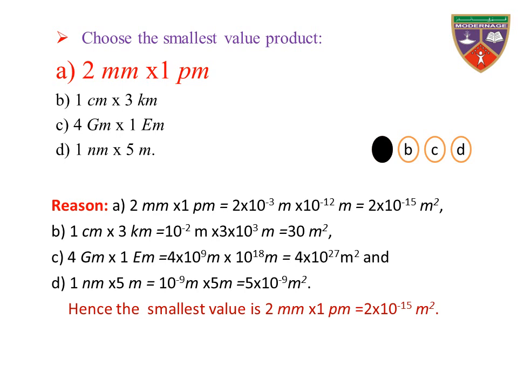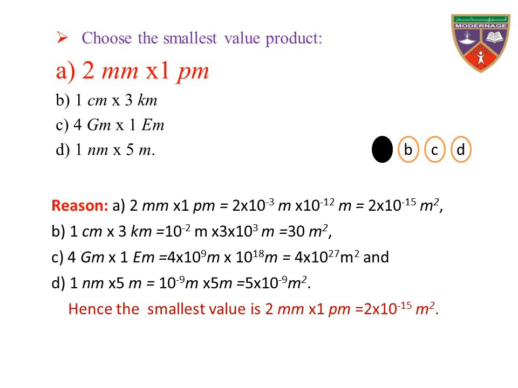Option C, 4 gigameter into 1 hexameter is equal to 4 into 10 power 9 meter into 10 power 18 meters, which is equal to 4 into 10 power 27 square meters, because 1 giga is 10 power 9 while 1 hexa is 10 power 18.